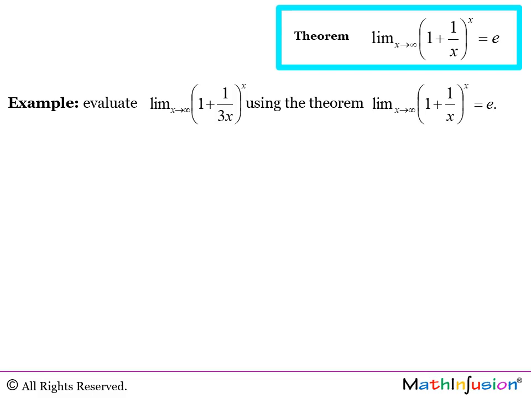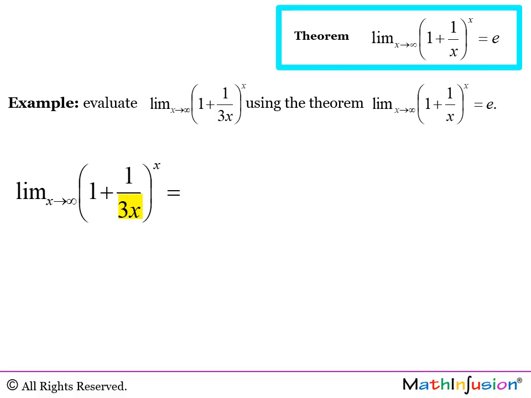We are going now to evaluate the limit of (1 plus 1 over 3x) to the power of x as x approaches infinity, using the theorem. This will save a huge amount of time. We notice that the 3x is in the part that is locked in. There is no way to manipulate the 1 plus 1 over 3x as it is written right now. But also, I noticed that when x approaches infinity, 3x also approaches infinity.